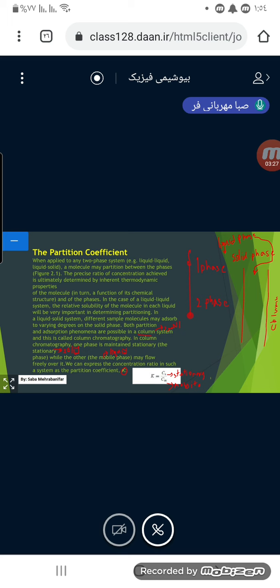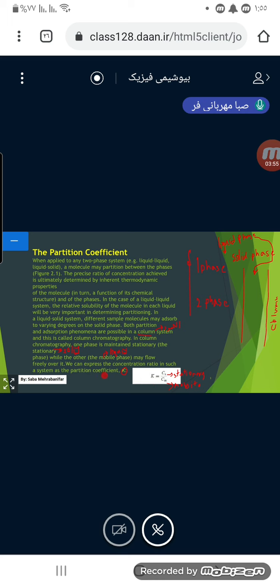One of the most important types is column chromatography. Column chromatography has two phases. The first phase is the stationary part, solid in this column, and the other is the mobile phase, which is liquid and can move through the solid parts until the end.